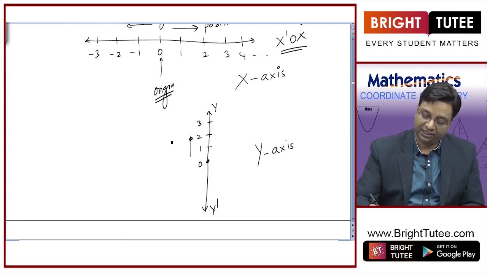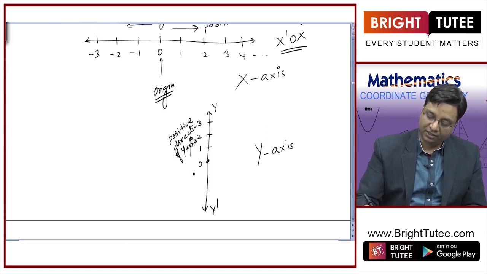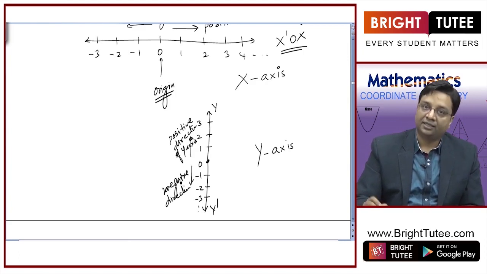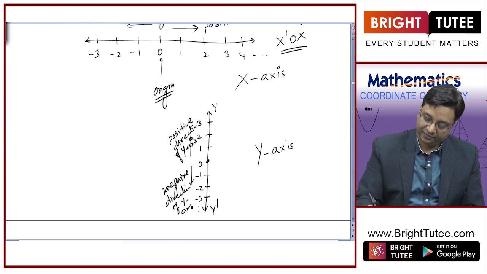So this is the positive direction of y axis, and going downwards or below 0 we will have negative numbers, -1, -2, -3 and so on. This is known as the negative direction of y axis.